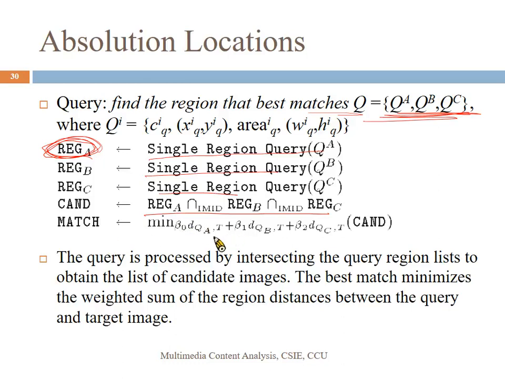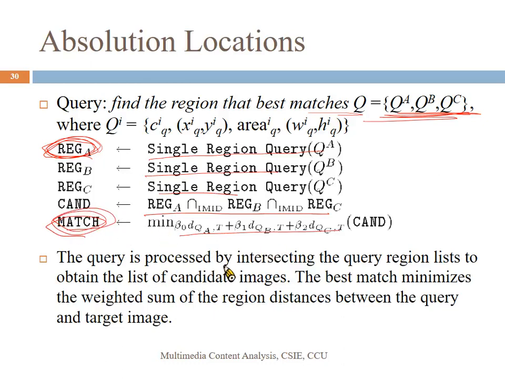And finally, we just return the result that has the minimum overall distance to the query image. So this is the final match result.